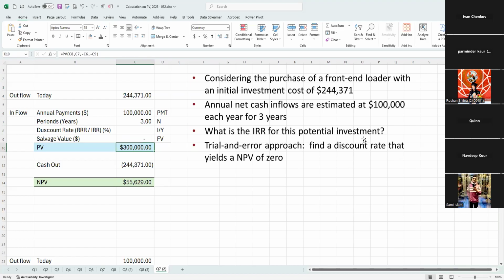Now the question here is, what's the present value? And the present value will be, for example, the percentage here. What we're chasing is, what's the percentage here that's going to give me the net present value equal to 0? Meaning that my present value is equal to the initial investment.